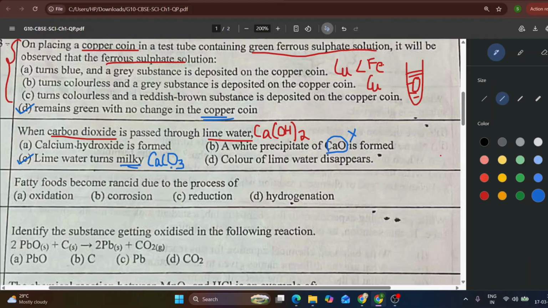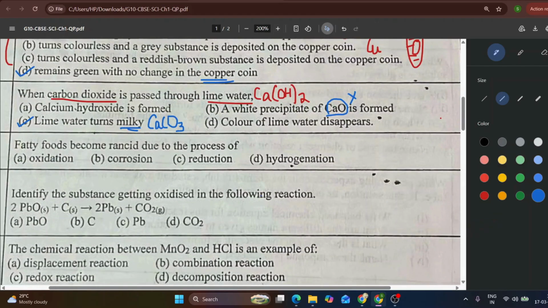This milky white nature will disappear. Why? Because calcium carbonate will get converted to calcium bicarbonate. So see, from one question we have learned the extended part of it.